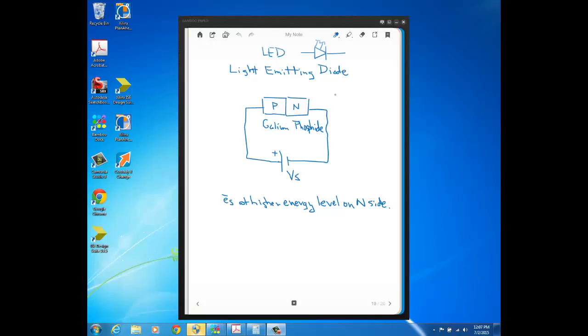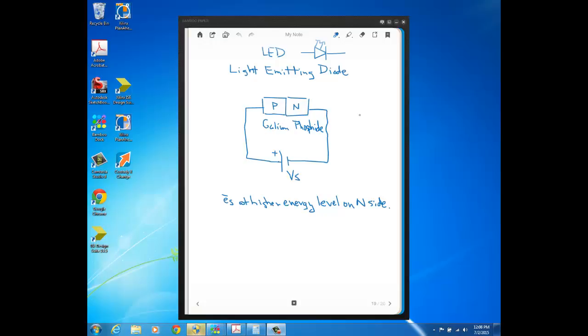So the diodes we were looking at previously that don't have the ability to give off light, well, you would have silicon as your semiconductor on both sides of the junction, just doped, one side doped P and one side doped N, but it was still silicon being used as the semiconductor on each side of the junction. But typically with LEDs you'll have two different semiconductors.